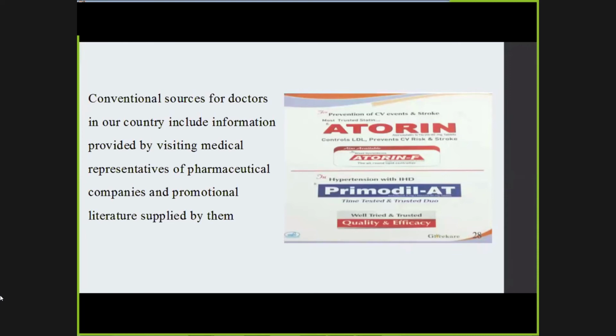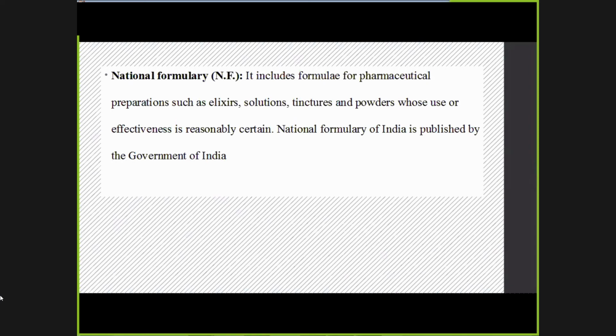In detail of this drug promotional literature, we will learn in a subsequent practical class. You have to audit such literature also. It is one of your practical modules that you will learn in your subsequent classes.